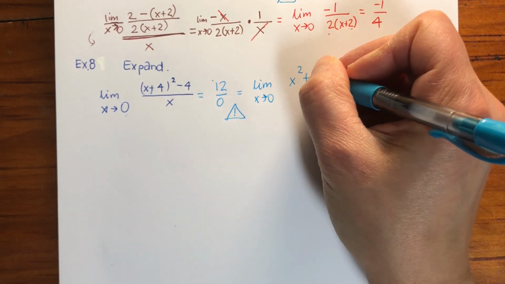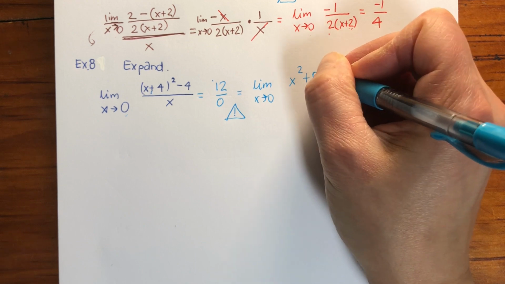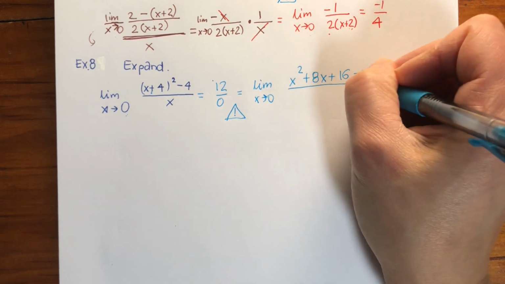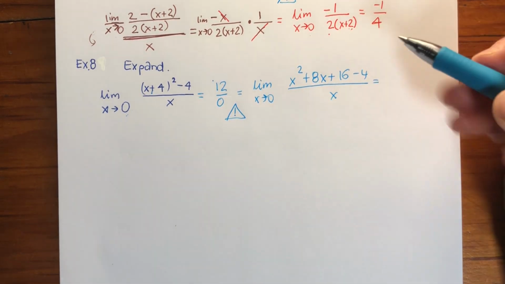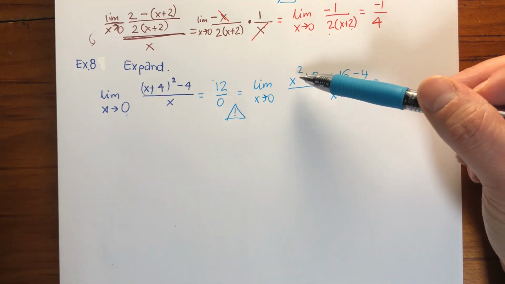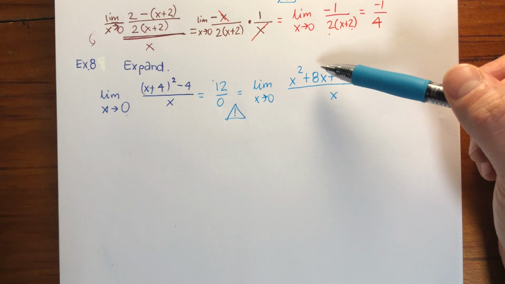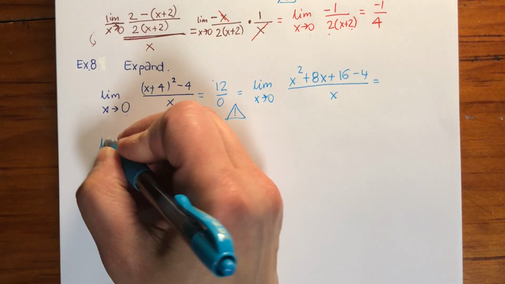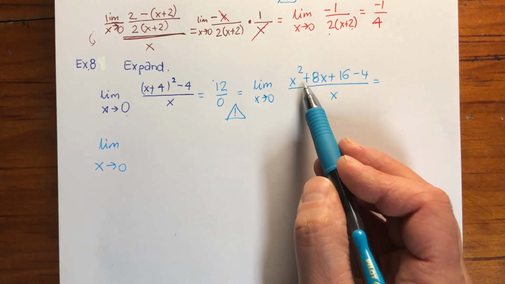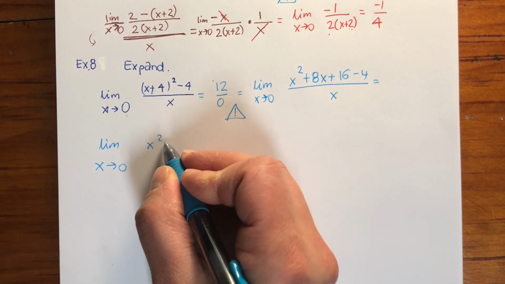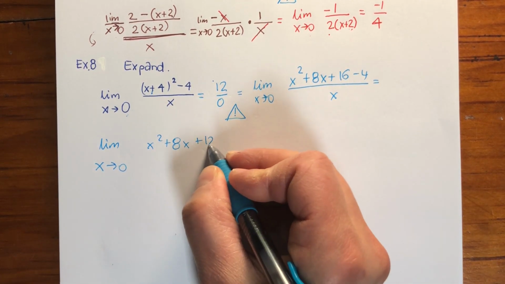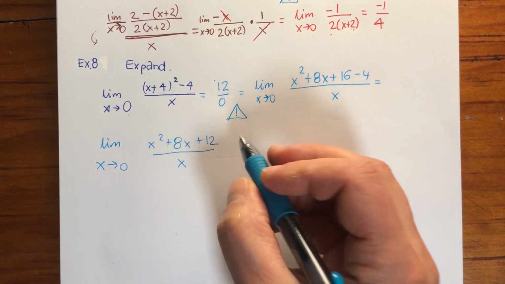X squared plus 8x plus 16 minus 4 divided by x. This is going to give me, let's see, limit as x goes to 0, x squared plus 8x plus 12 divided by x.